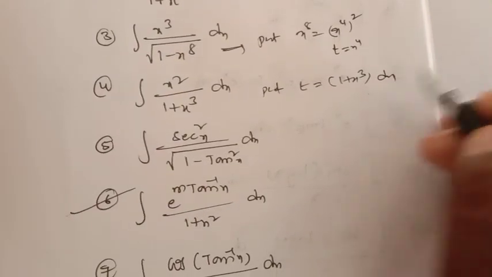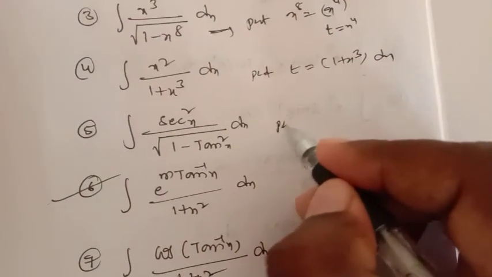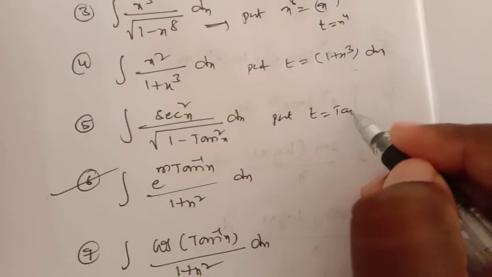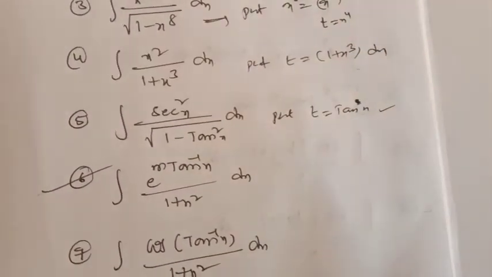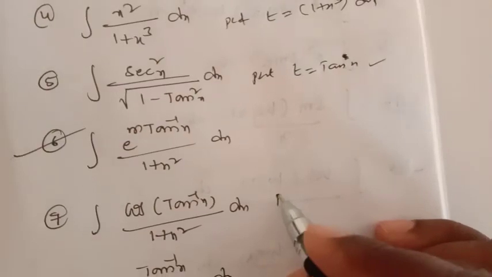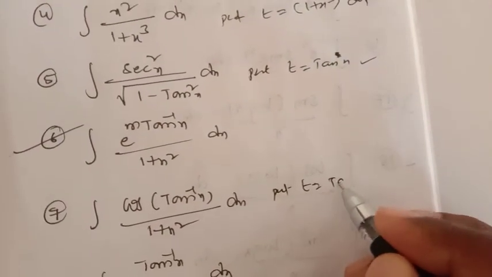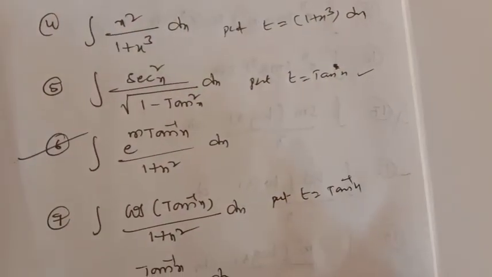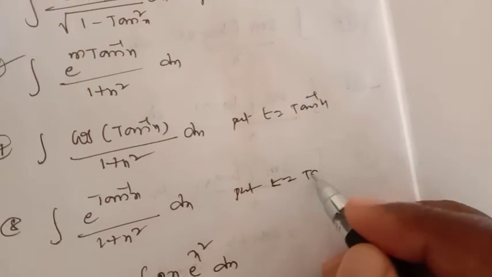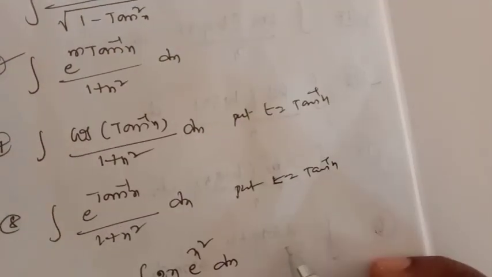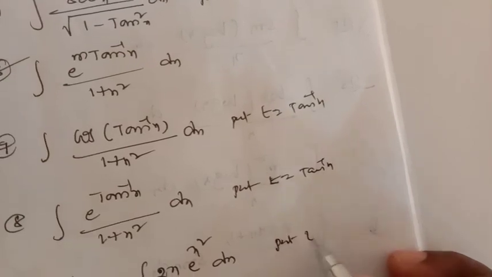Here put t equal to tan x. Here put t equal to tan inverse x. Here put t equal to x square.